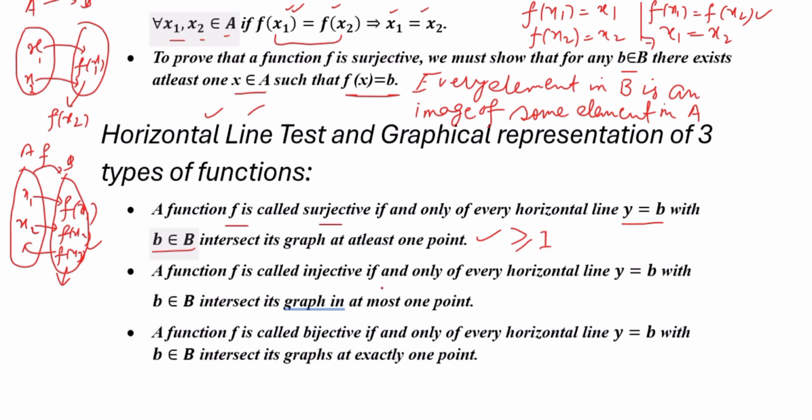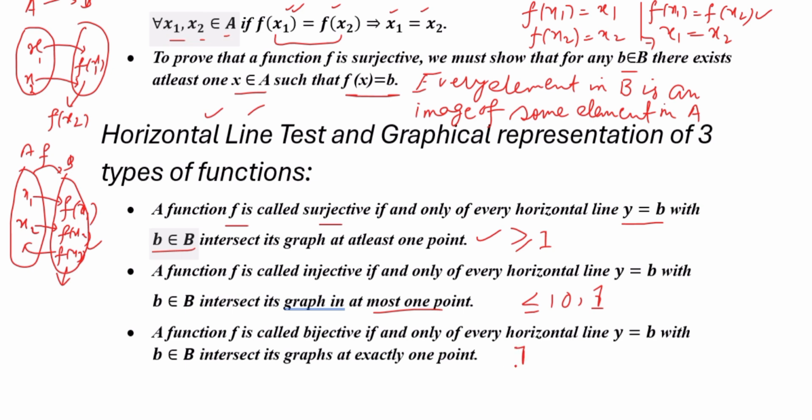f is called injective function if every horizontal line cuts its graph at most one point. At most one point means one or less. One or less means exactly at one point or at none of the points. A function f is called bijective function if and only if every horizontal line intersects its graph at exactly one point.